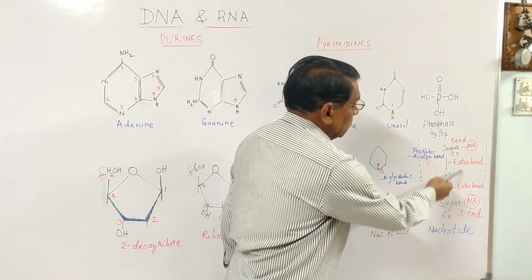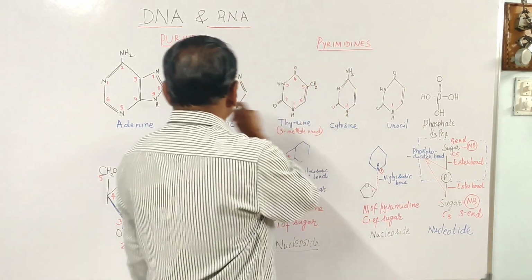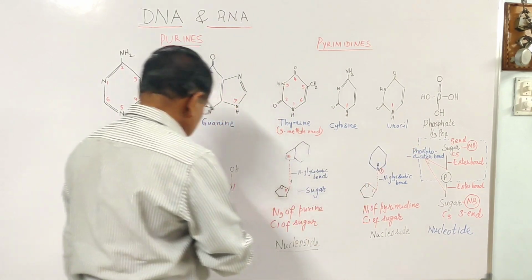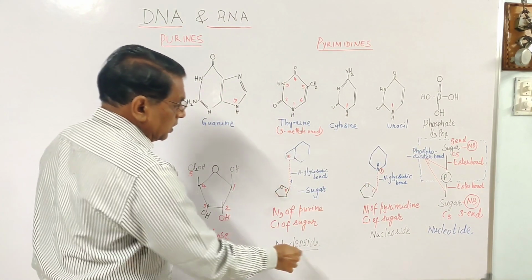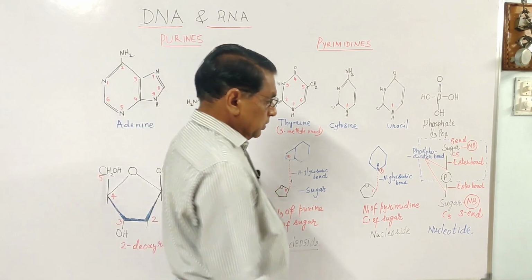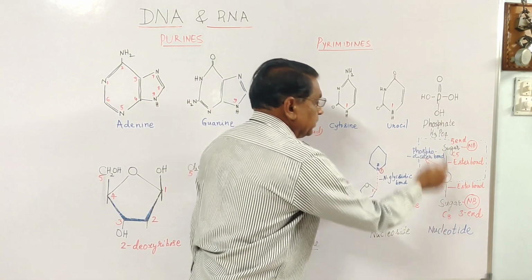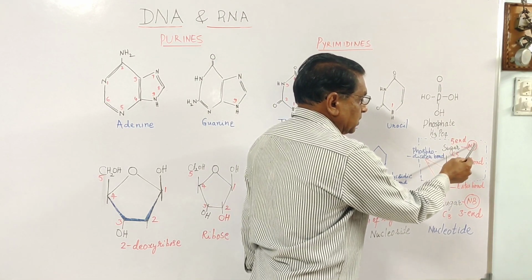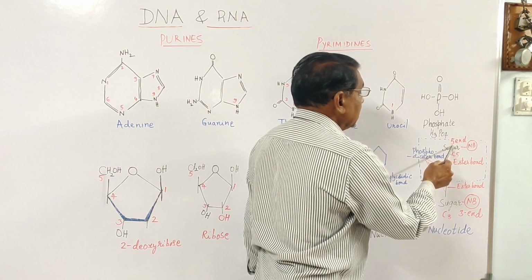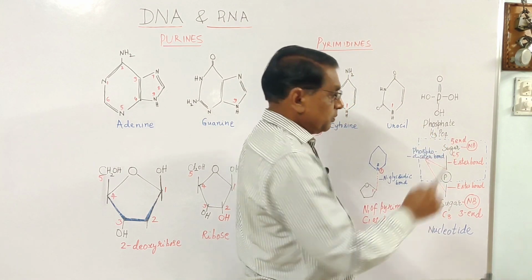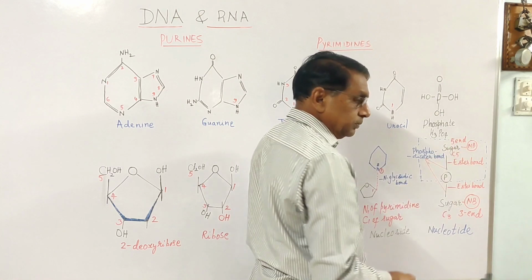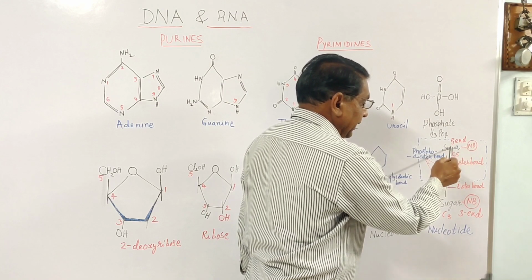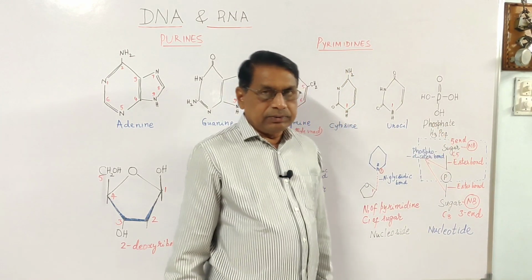This is a nucleotide. So, nitrogen bases, phosphate, sugars, nucleosides, nucleotides are known by different names depending upon the type of nitrogen base and type of sugar. Suppose this is adenine and this is deoxyribose sugar, then it is deoxyadenylate.